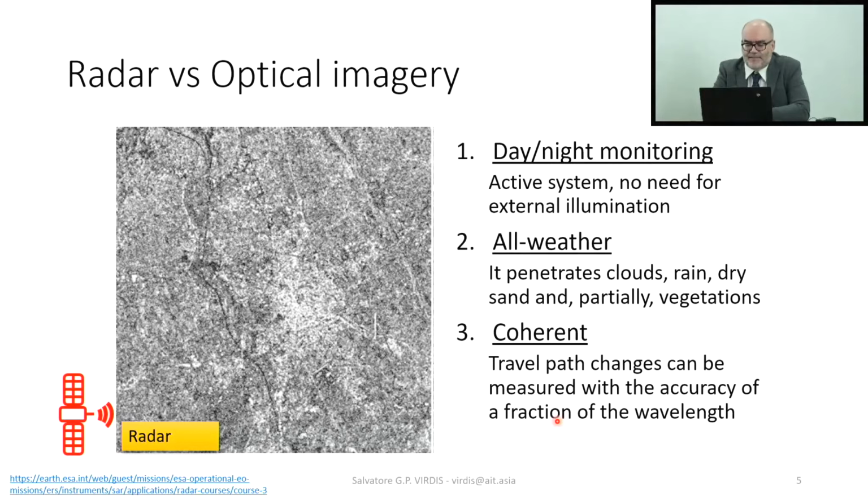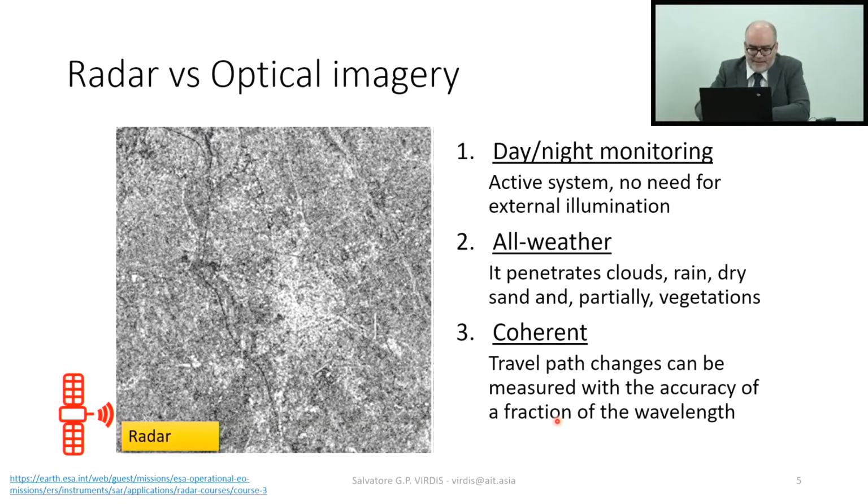Active systems need no external illumination, so there is no need of the sun's energy. They are so-called all-weather systems. The wavelengths can penetrate clouds, rain, partially dry sands, and partially vegetation. These are the main characteristics of SAR sensors, and they are coherent sensors, which is the main characteristic whenever we go to see the phase of these signals.